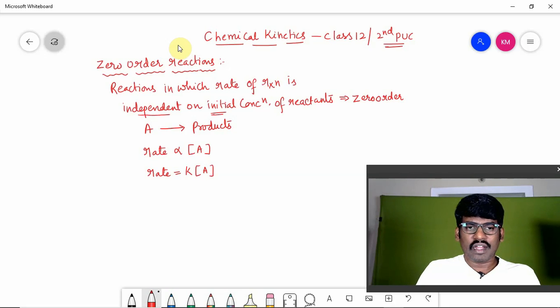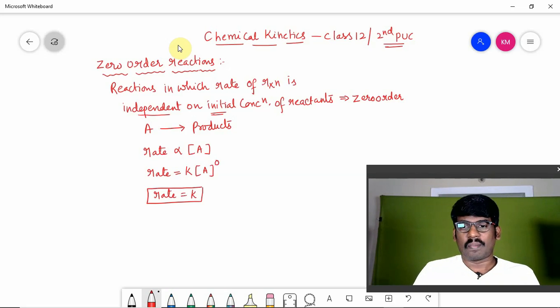If it is independent, rate is equal to K into the concentration of A raised to 0, then rate is equal to K. Sometimes they will ask a question: the reactions in which rate of reaction is equal to rate constant, which order is it? If rate is equal to rate constant, then it is a zero order reaction.